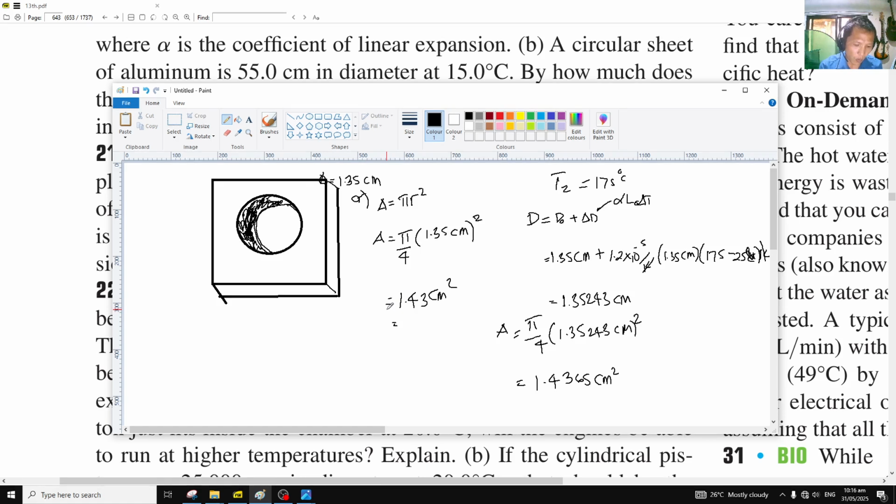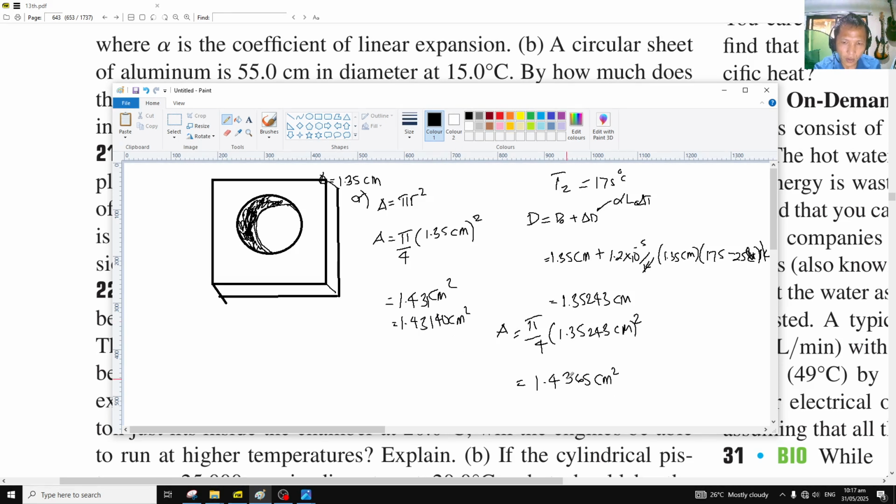Here, pi times 1.35 squared divided by 4, and that will give us 1.43114 square centimeter, in 6 significant figures. Here, 1, 2, 3, 4, 5.